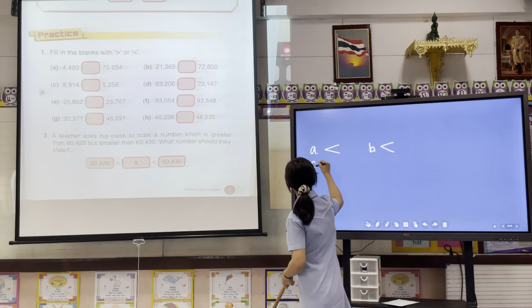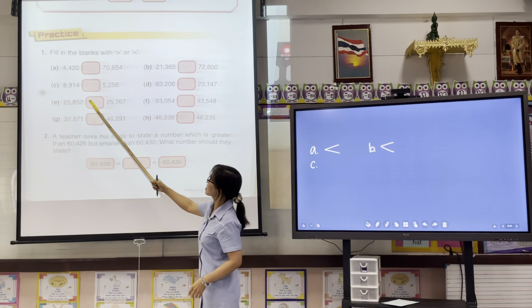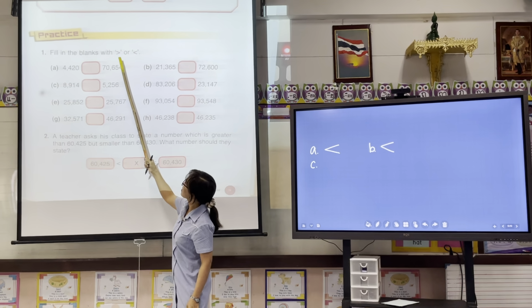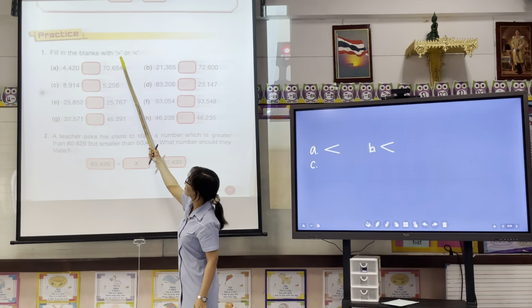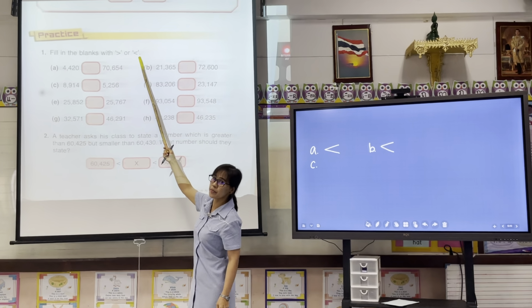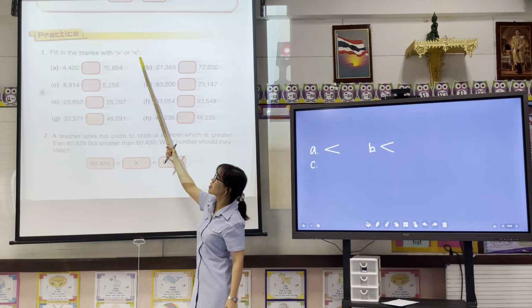Alright? Letter C. Which sign? Is it greater than or smaller than? 8 and 5. Of course, 8 is greater. Right? So letter C is the greater than sign.